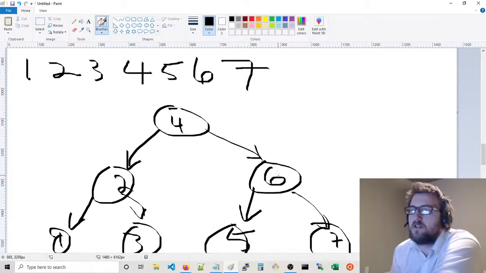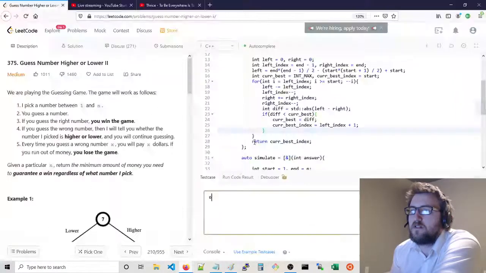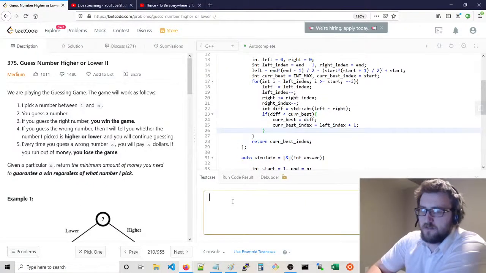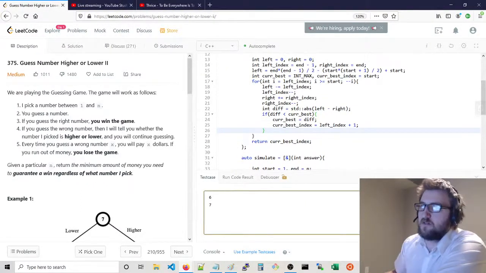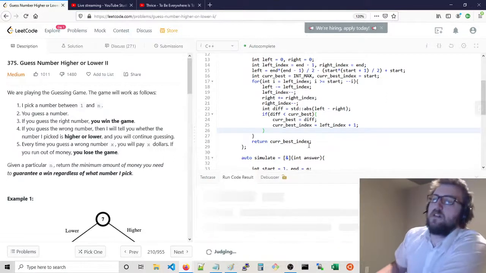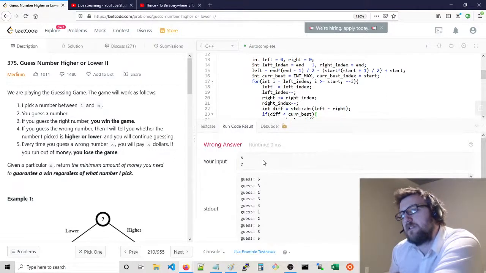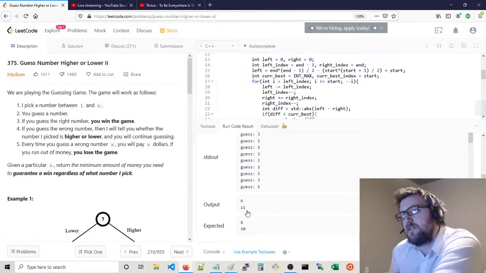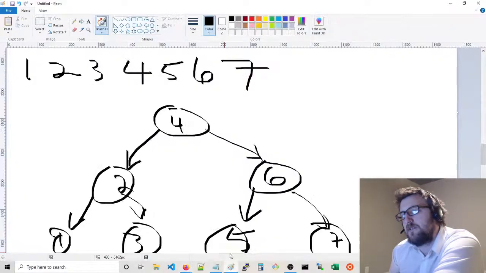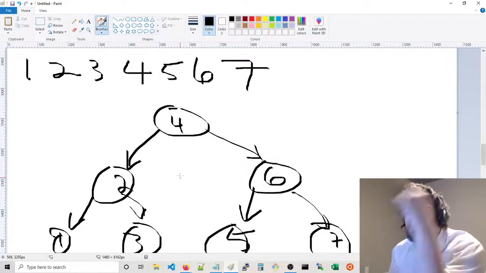That gives you 10. I thought this was going to be relatively hard. Yeah, 8 and 10. Very close, but not quite right.